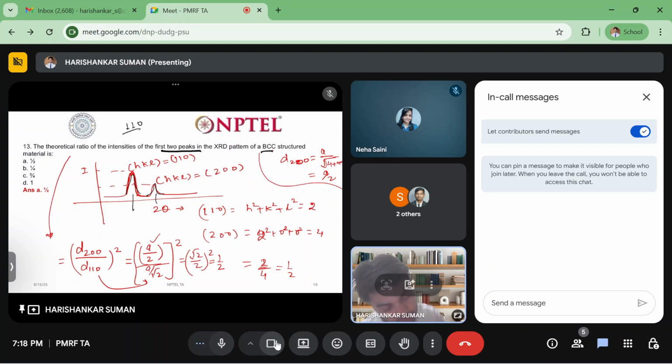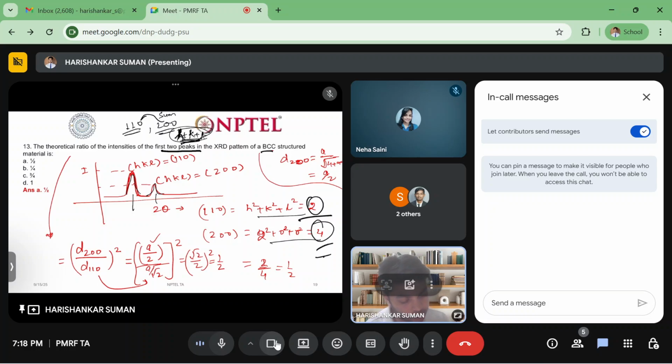So we can prepare the first and second peak according to that. Putting these numbers in this equation, we get squares of 2 and 4, and we can take the ratio.